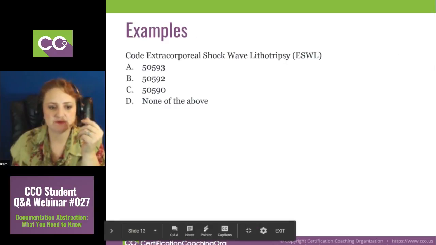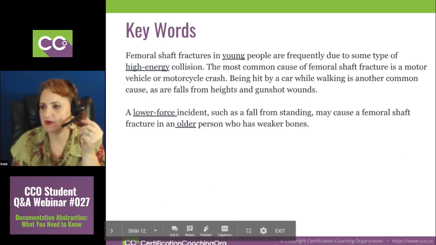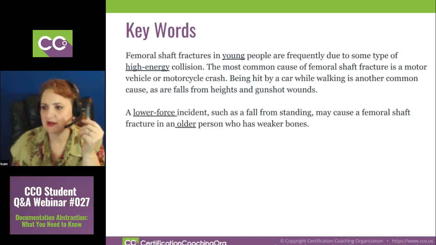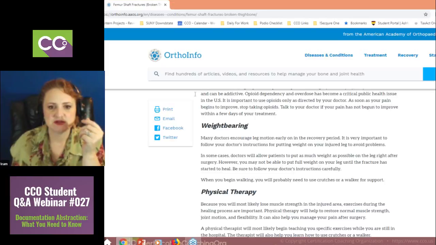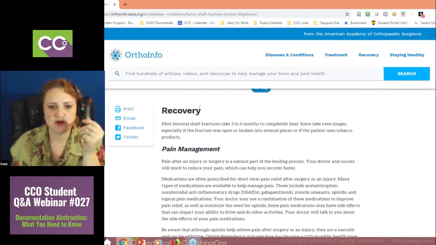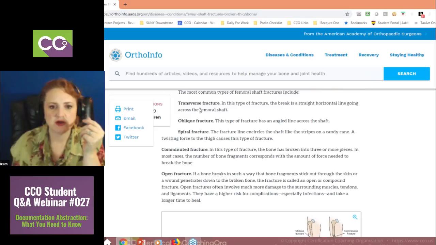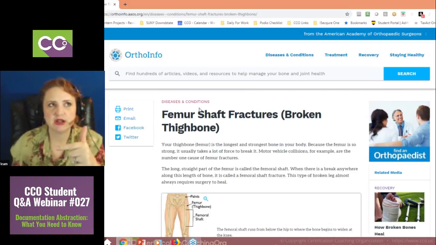All right, now let me go back. I don't want to show you that yet. I want to show you this article. This is where I got this information. So let's say you're a coder. Now let's say you're in the musculoskeletal system of your training to become a coder.